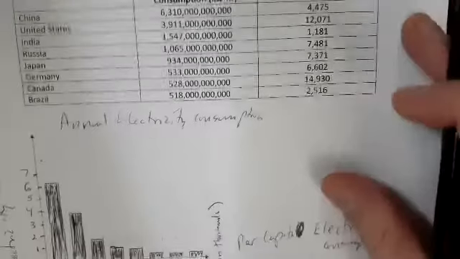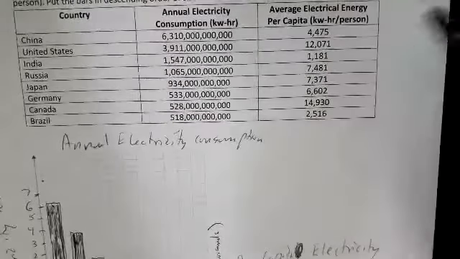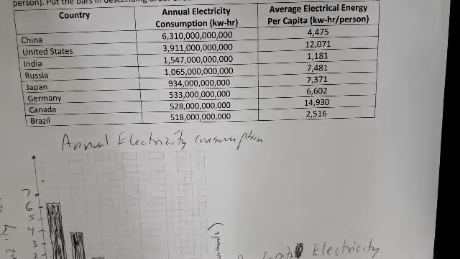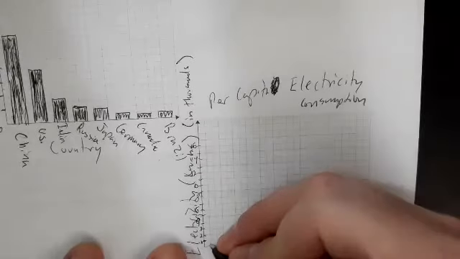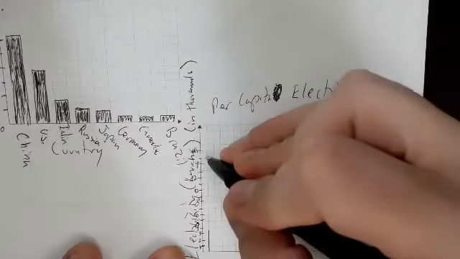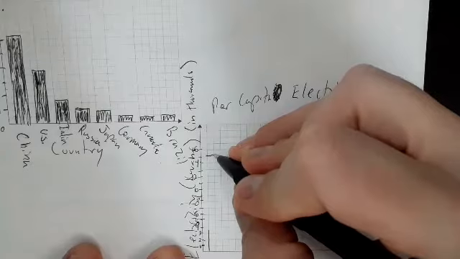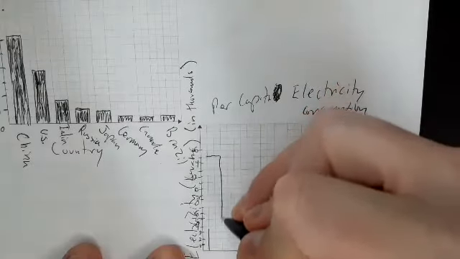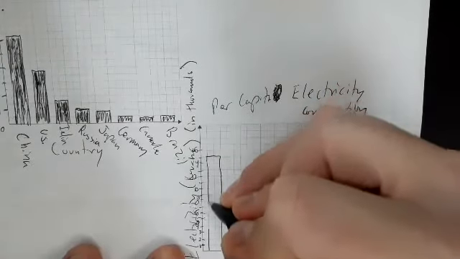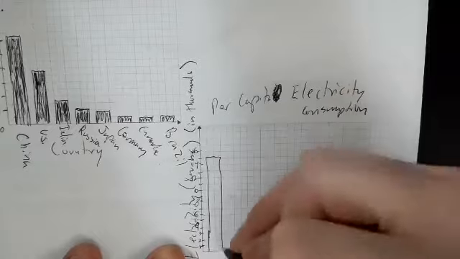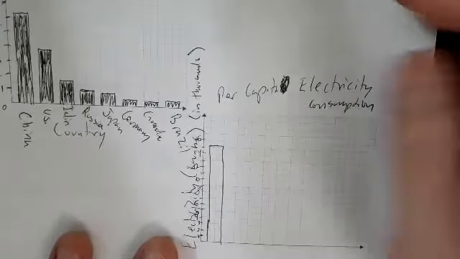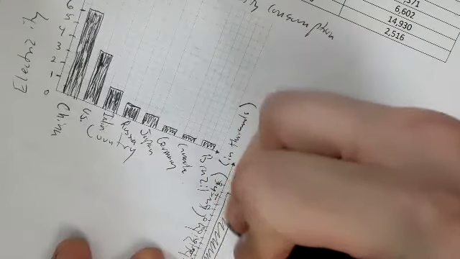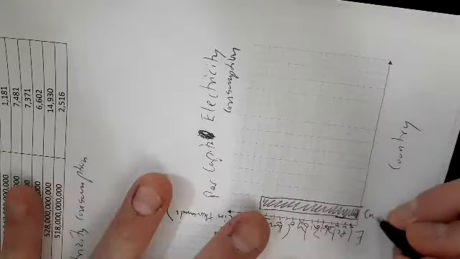So if we want to start with the largest one, which one is the largest one? I believe Canada's coming in first, right at 15. Come up here, we should be looking at 15 as this number right here. So I want to fill this in and I want to call this Canada.